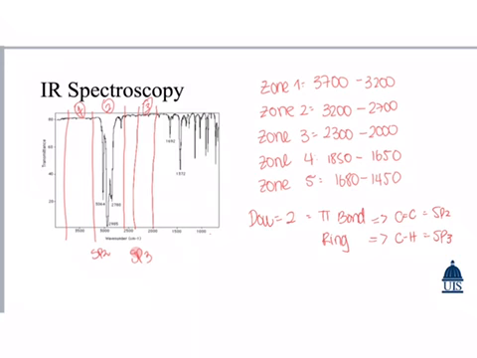And then we get to zone 4, where we see a peak at 1692, and this will help us confirm the presence of the double bond. Then zone 5, from 1680 to 1450. Also this peak at 1372 helps us confirm the double bond between carbon and carbon.